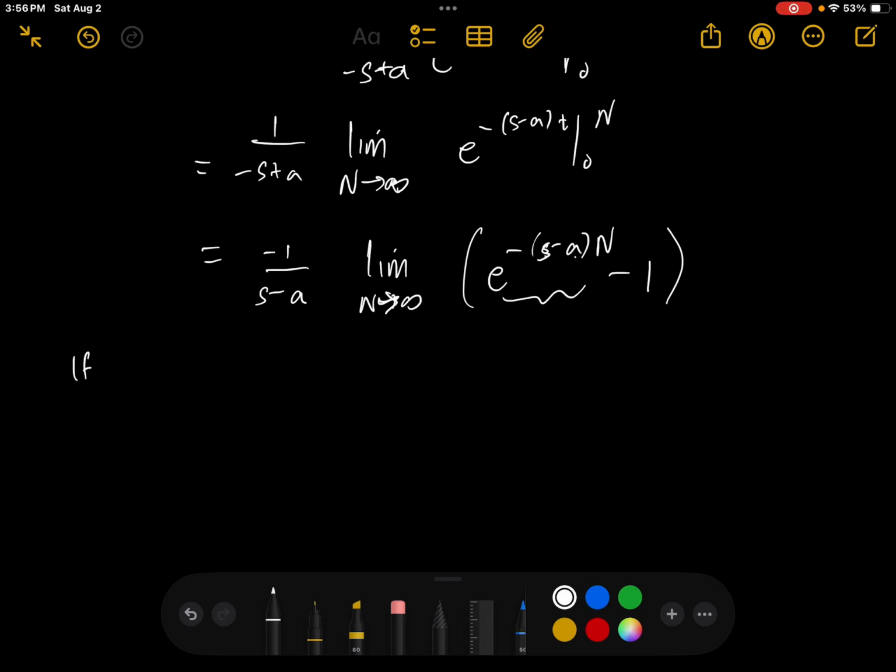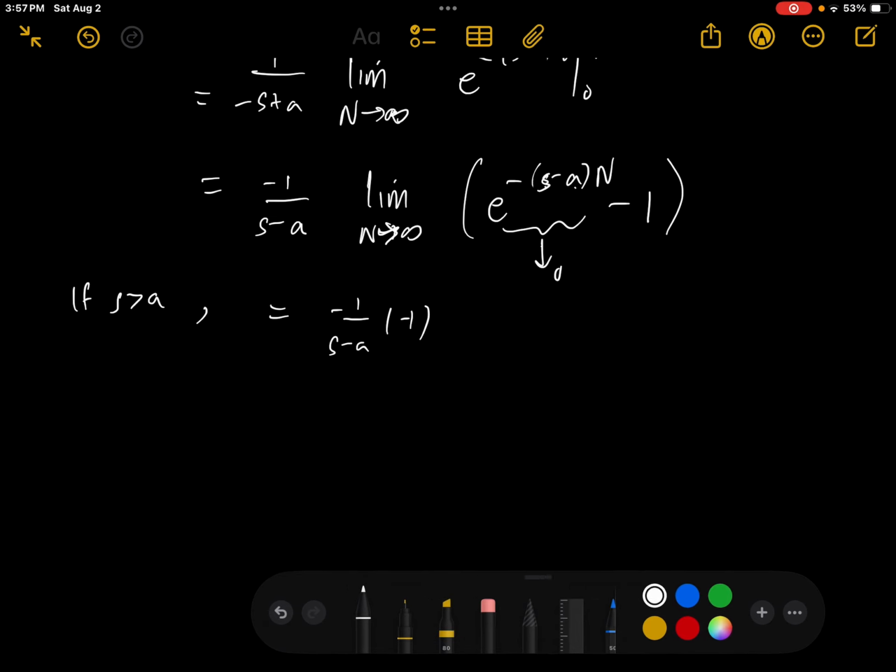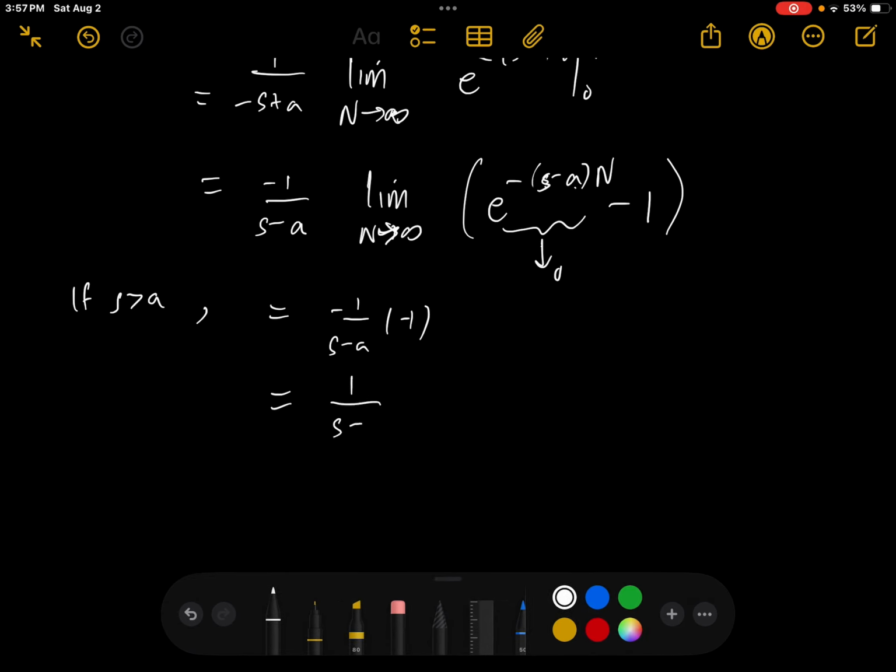So if s is bigger than a, then this limit here is going to go to 0, and then you're going to get 0 minus 1. So this is equal to negative 1 over s minus a times negative 1, and negative 1 times negative 1 is 1, so you're going to get 1 over s minus a for s bigger than a. So that's F of s.